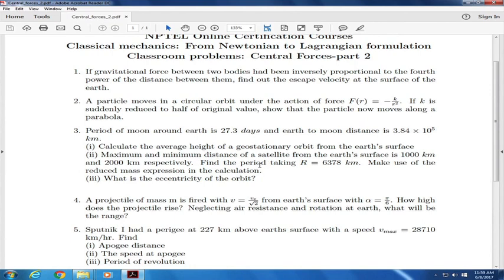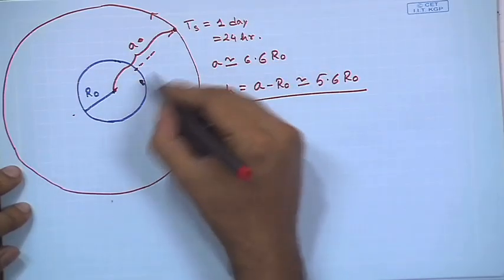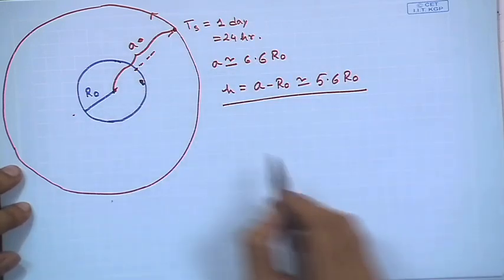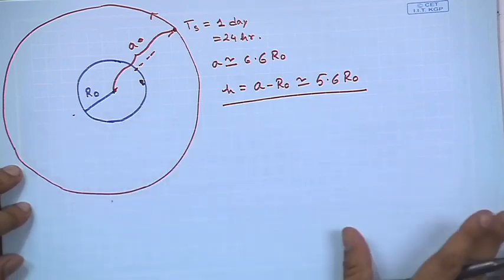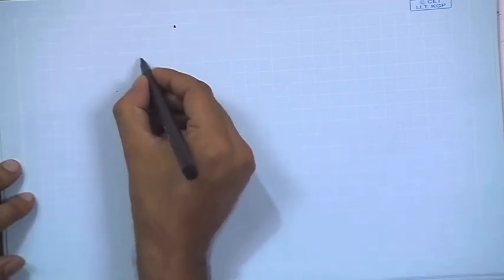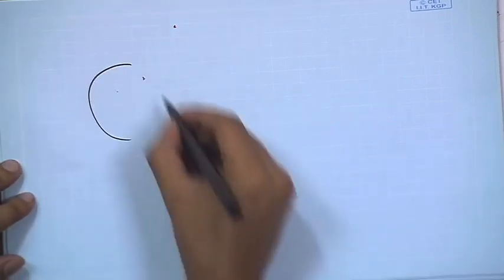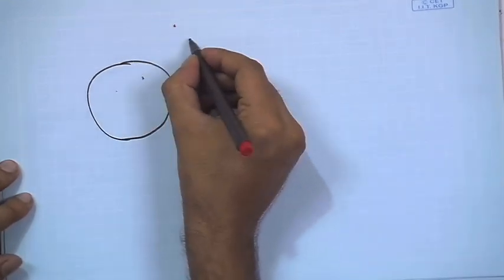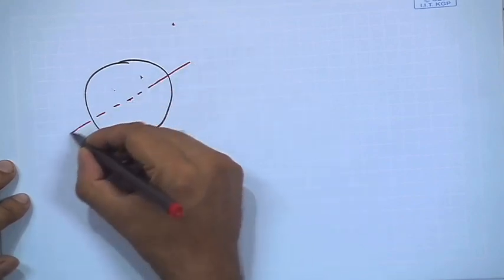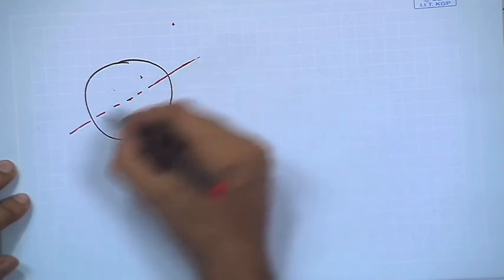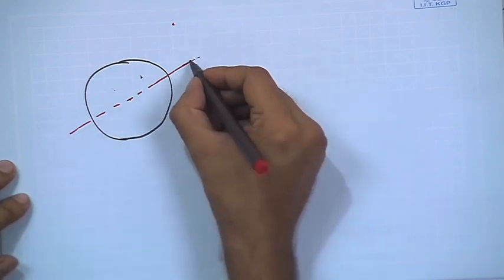So, let us start with a fresh diagram. Once again this is my Earth surface, there is a satellite, and we know that in general the satellite path is an ellipse. Let us say this is the apse line for that ellipse.